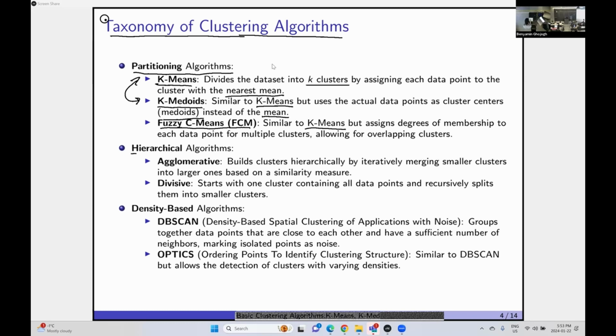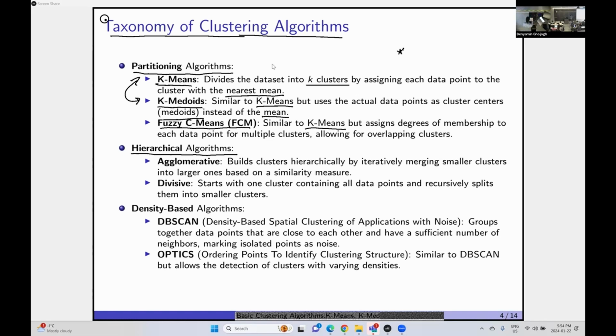We have hierarchical algorithms. What is it? It divides, as is obvious by its name, we have a hierarchy, okay? And we have two directions in the hierarchy, right? Either at first, we find some small clusters, and then we merge them. What do I mean?